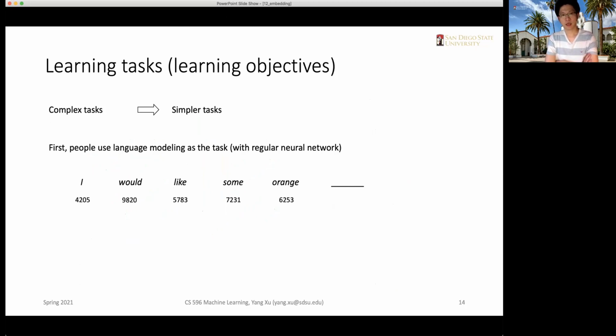So that now leads to the question of what kind of learning goal we want to set, right? What kind of task we want to use. So at the earliest time, people used the language modeling task, right? Like we can use the previous context words to predict the next word.